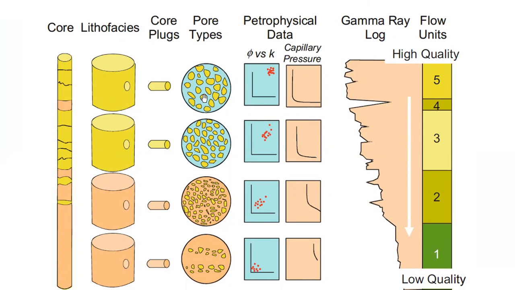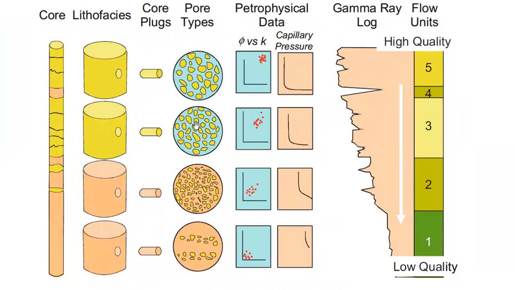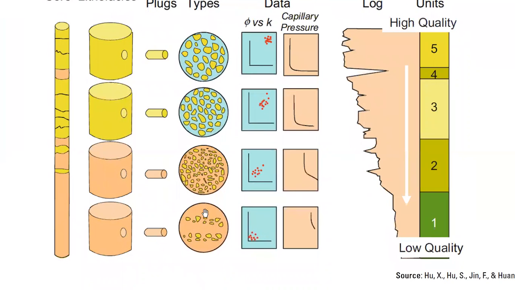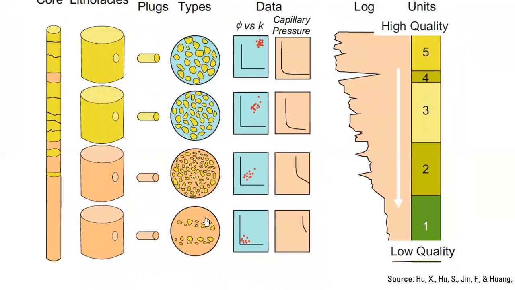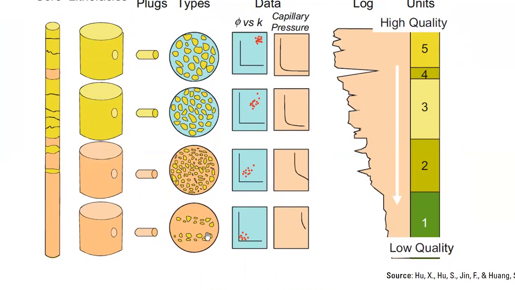You can say it's high porosity, high permeability, then this one lower permeability, lower porosity, then this one a poor reservoir, and this one the lowest porosity, lowest permeability. They are disconnected. You can see the porosity and the permeability are very small here.